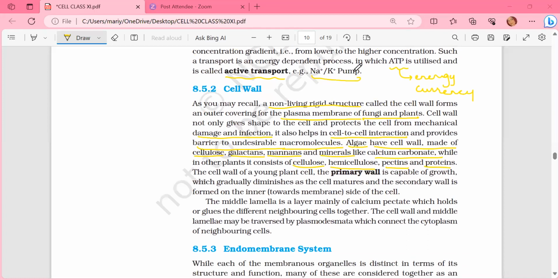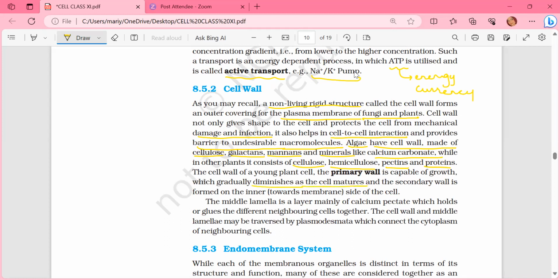Now, the cell wall of a young plant cell is known as the primary cell wall. It is capable of growth, which gradually diminishes as the cell matures.